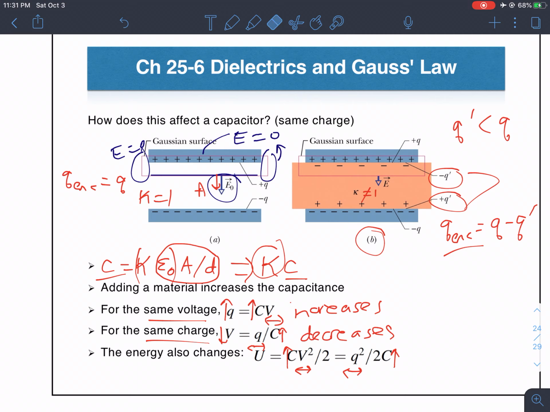That's why you need to check which one is constant. Whichever is constant, you pick that equation. So we have two things related, and you just choose the right one. If the problem says it's isolated, or Q is constant, then you choose the second one. If it says connected to a battery, then you know it's the same voltage, so you keep the first one to figure out the change in energy.